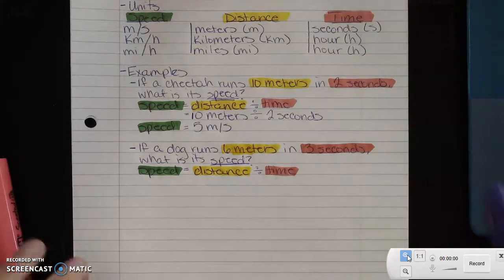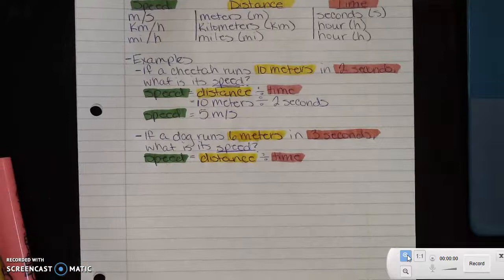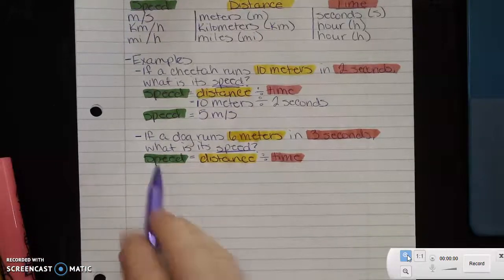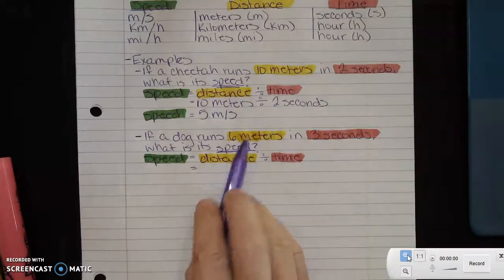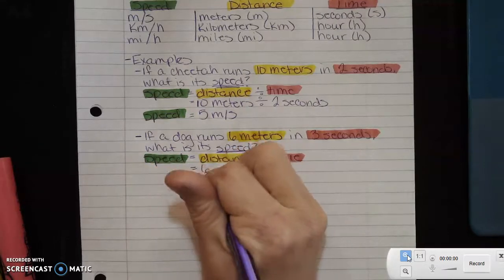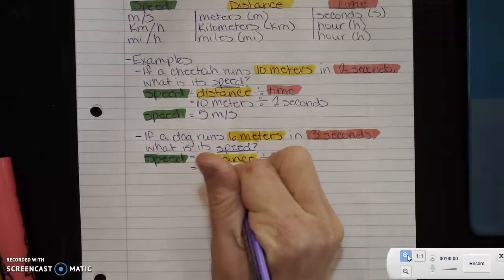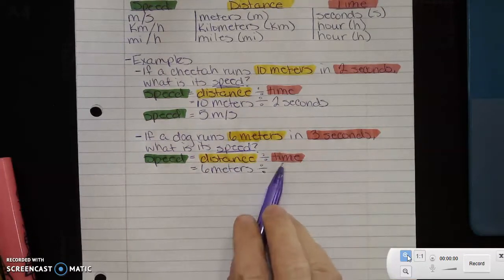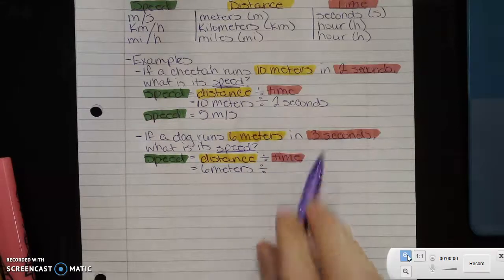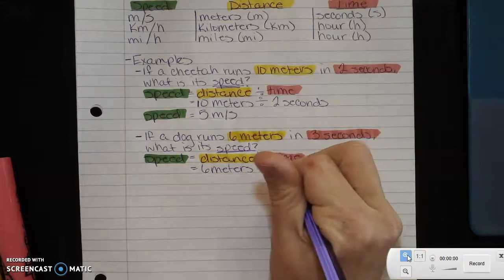What is its speed? Now we just have to plug it in. Speed equals my distance, and I match it with the yellow, 6 meters. Copy that, divided by my pink time. I match it up there, 3 seconds.